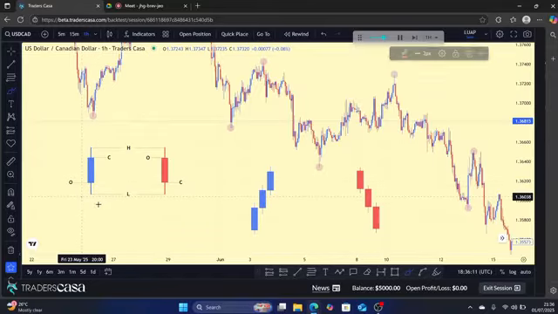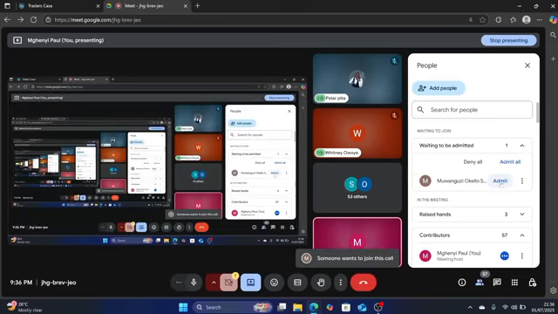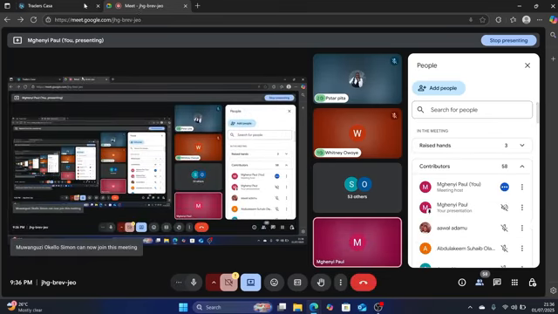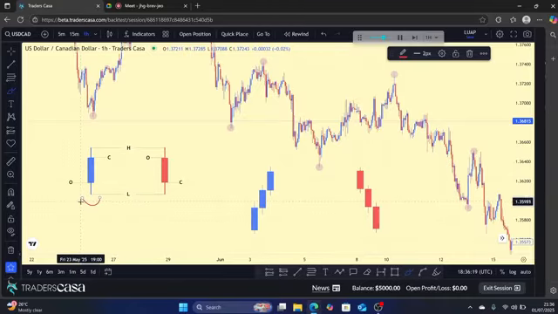So this one here is the bullish candle, and this one here is the bearish candle.